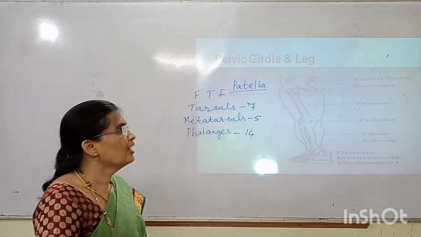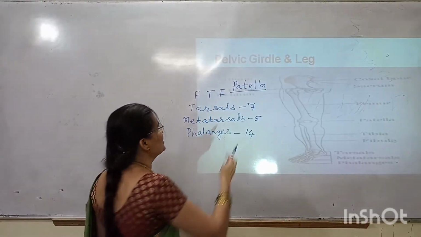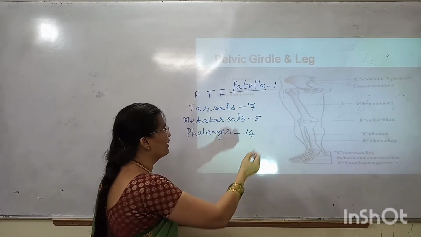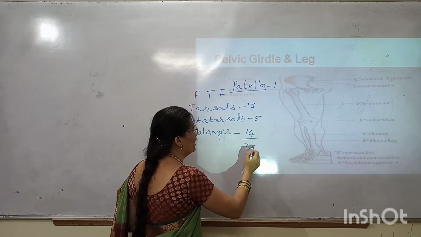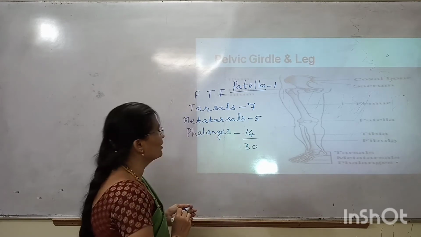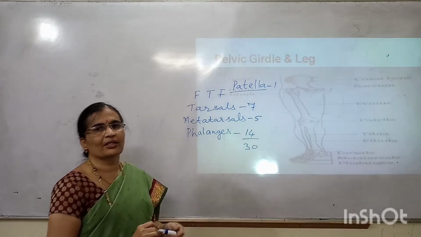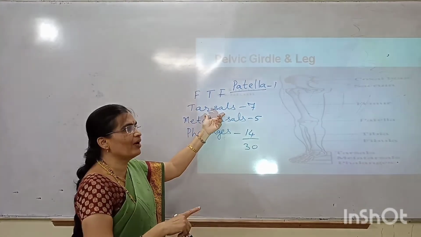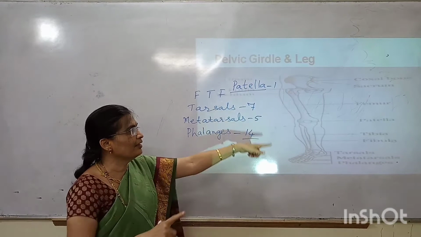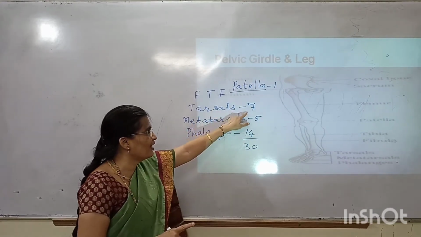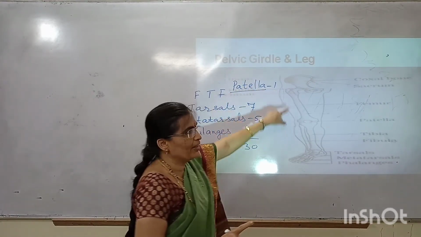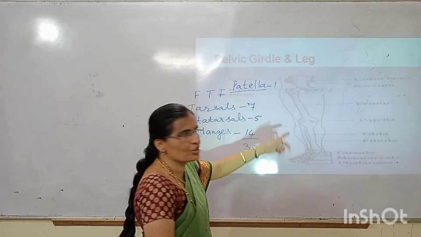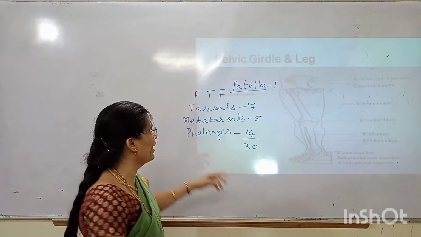Patella is 1 in number, so if you calculate now, the bones will be totally 30. In hands, carpals were 8. Instead of that, here in leg, tarsals are 7. Patella is 1.